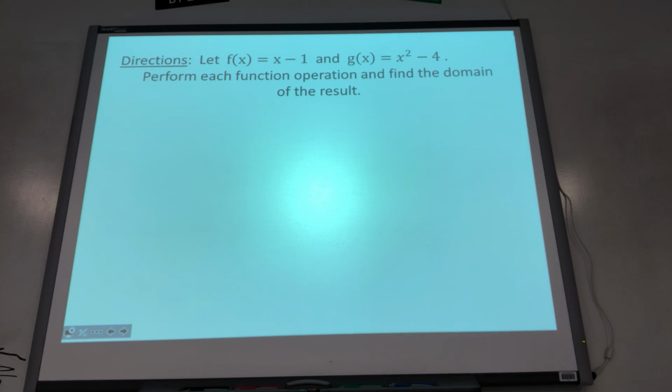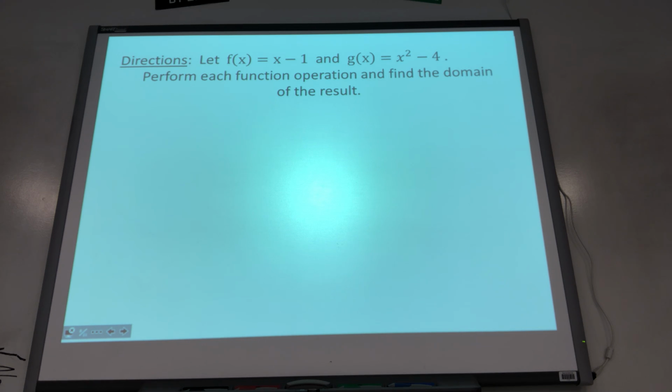So take a look at our directions. We'll use these for 3 problems. It says let f of x equal x minus 1 and g of x equal x squared minus 4.